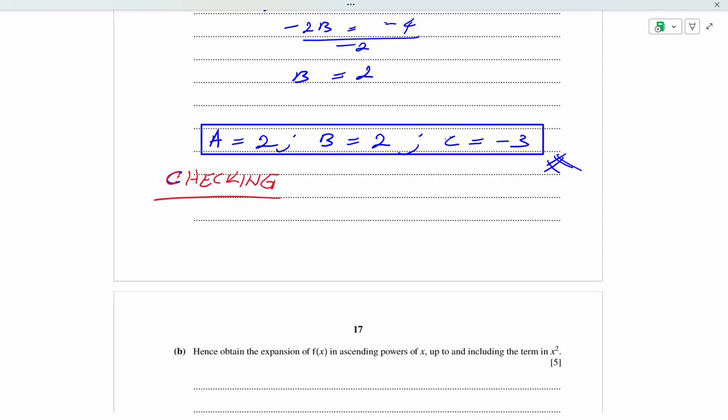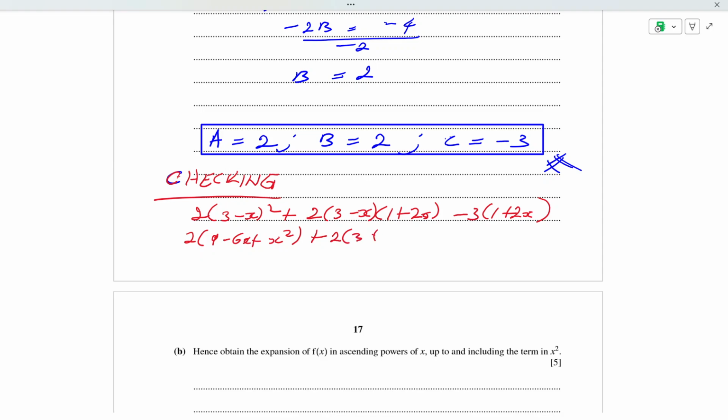So you would have 2(3 - x)^2 + 2(3 - x)(1 + 2x) - 3(1 + 2x). When you expand that, you have 2(9 - 6x + x^2) + 2(3 + 5x + 2x^2) - 3(1 + 2x).